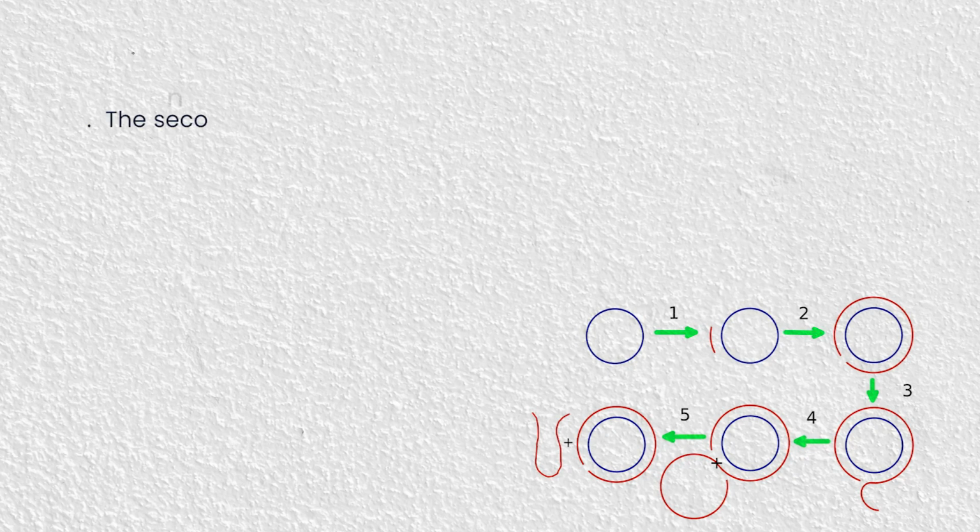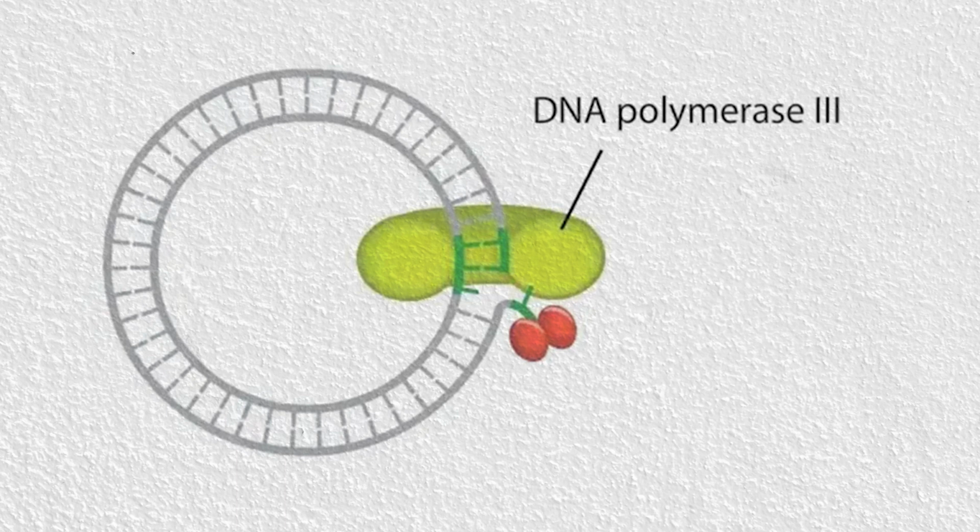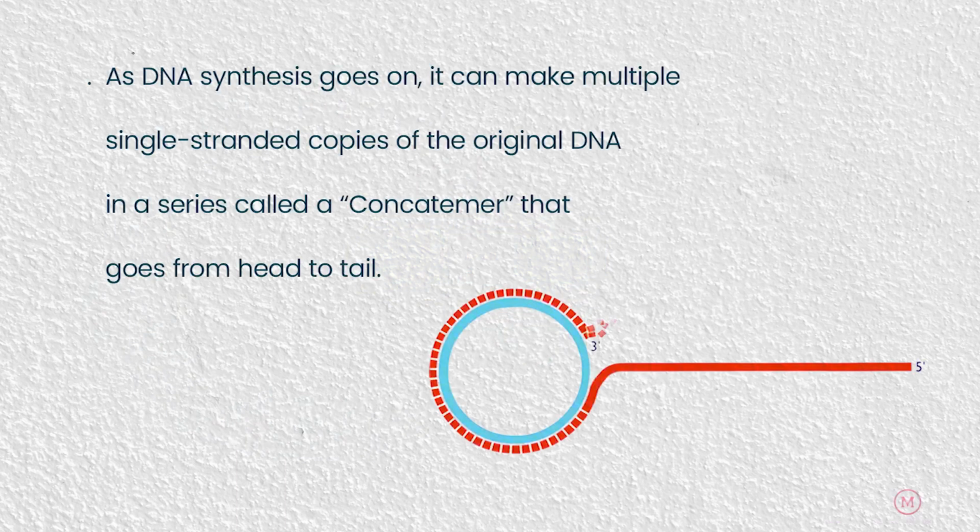The second step includes the beginning of the replication process by adding DNA polymerase to the 3' end. In this pictorial representation, as DNA synthesis goes on, it can make multiple single stranded copies of the original DNA in a series called a concatemer that goes from head to tail.